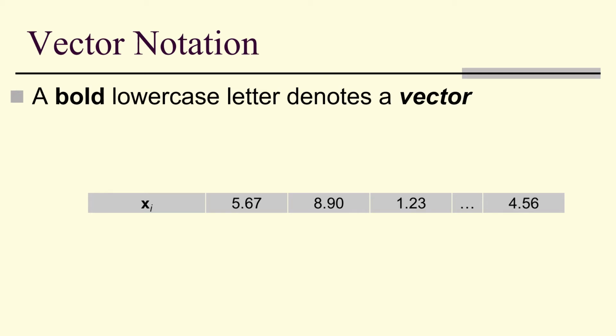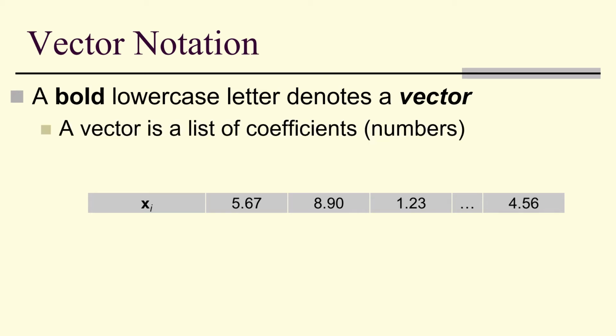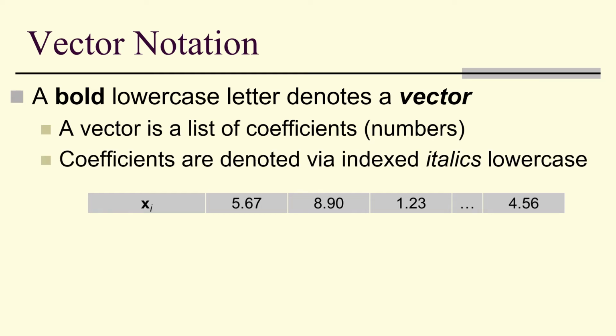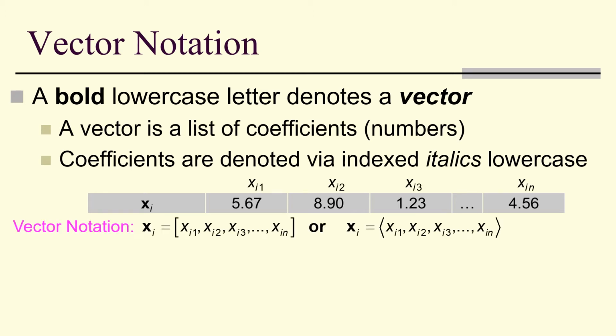We use a bold lowercase letter to denote a vector. It's a list of coefficients or numbers. The coefficients are denoted as ordinary instances of variables. In vector notation, our vector bold x is either a list, or sometimes we use the angle brackets for vector notation.